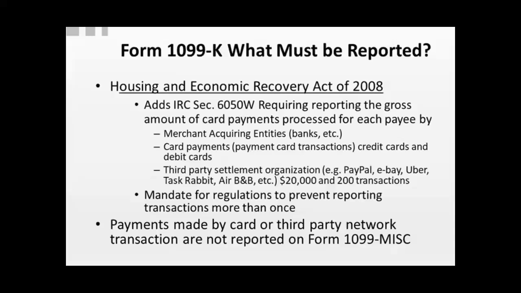So there is also involved in this a mandate for regulations to prevent reporting transactions more than once. So payments made by card or third-party network transactions do not have to be reported on a 1099 miscellaneous.